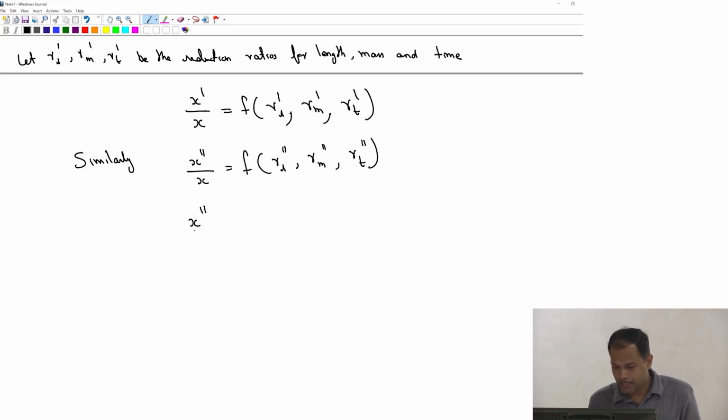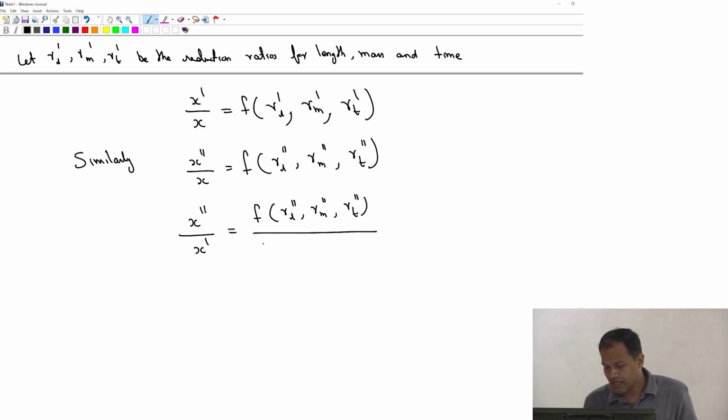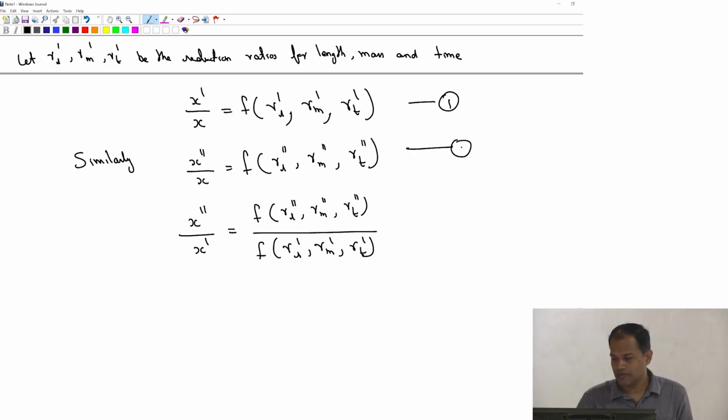Then I can write x double prime by x prime is equal to f of R_L double prime comma R_M double prime comma R_T double prime by f of R_L prime comma R_M prime comma R_T prime. I just divide the two equations. This is 1 by 2.